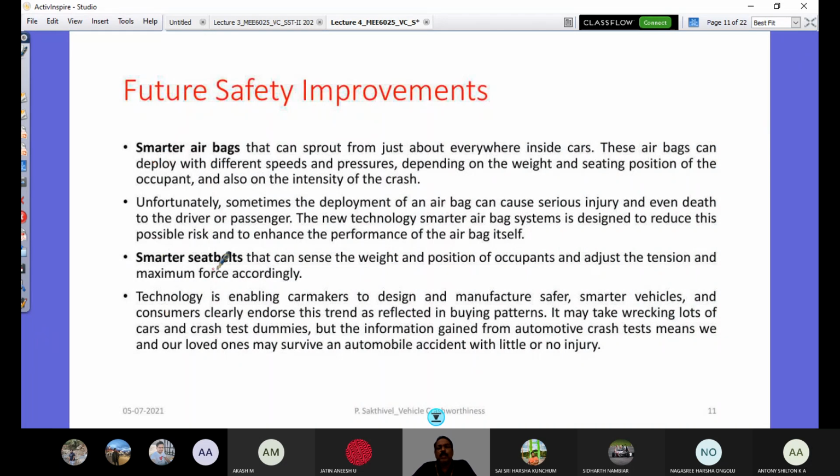A smarter airbag can sprout, that means it can deploy from just about everywhere inside the car, completely holding the occupant during the crash. These airbags can deploy with different speeds and pressures depending on the weight and seating position of the occupant and also on the intensity of the crash.